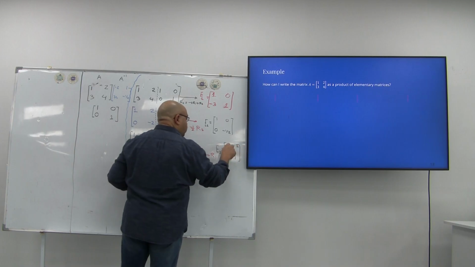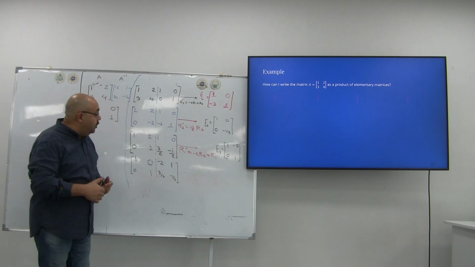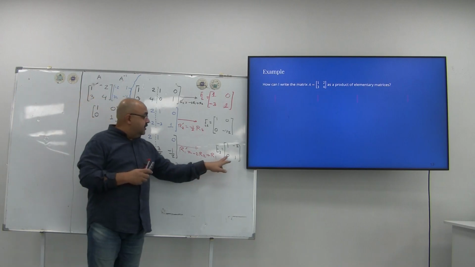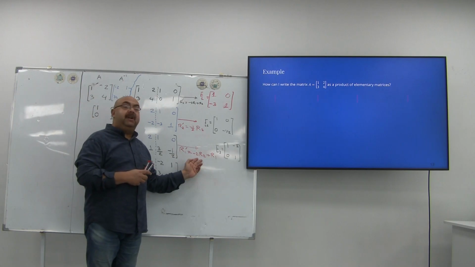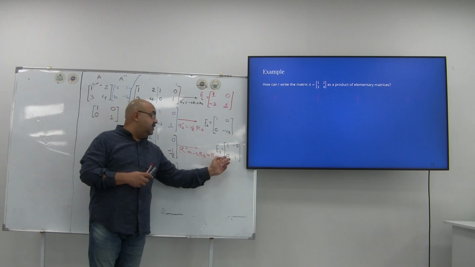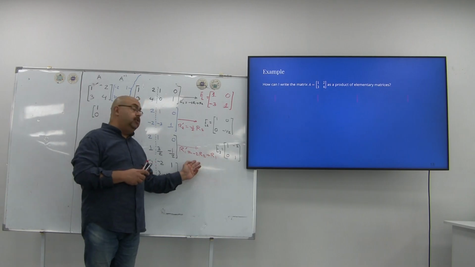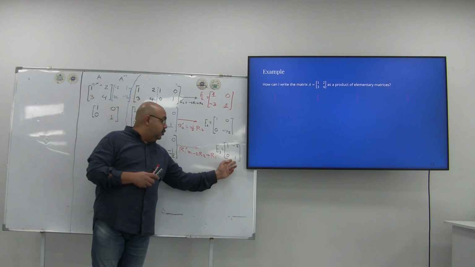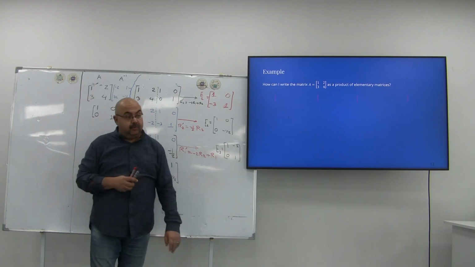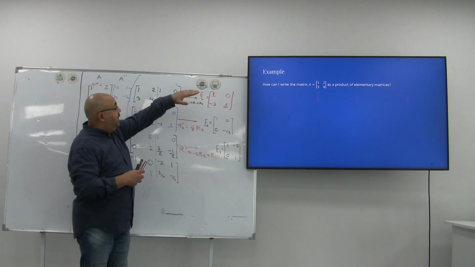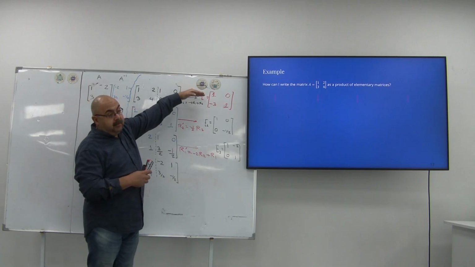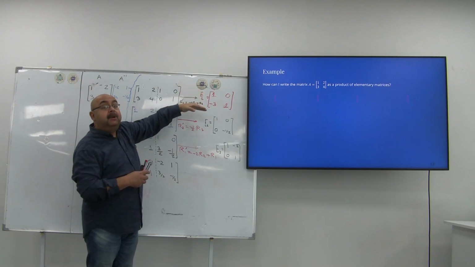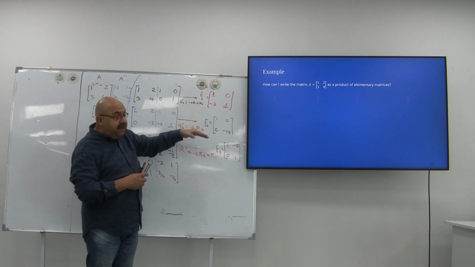Added on the first row, it's going to be positive 1. So this is the elementary matrix corresponding to this row operation. We have multiplied the second row by -2 and added on the first row. This is number 1, that's number 2, and that's number 3.